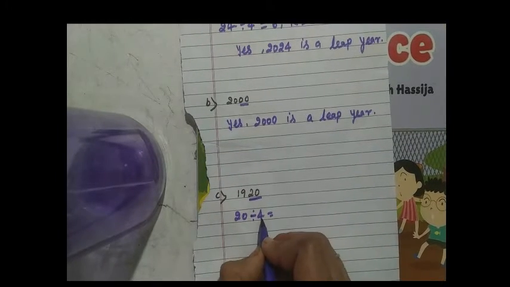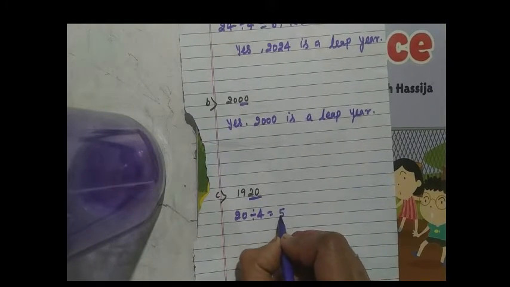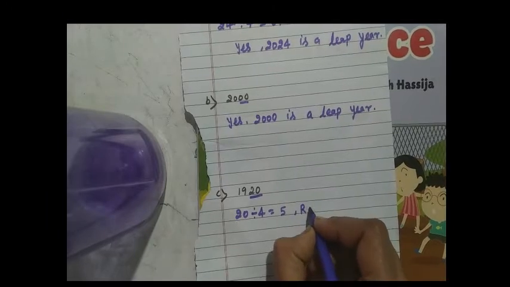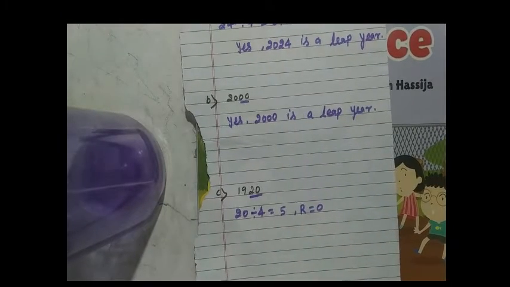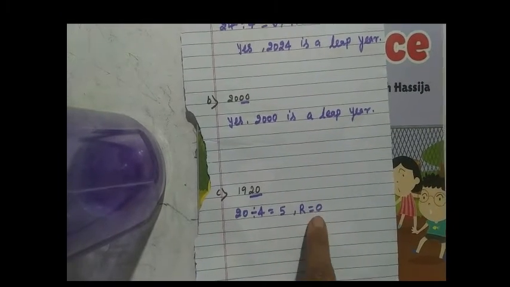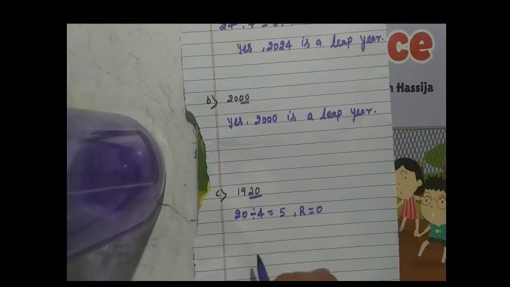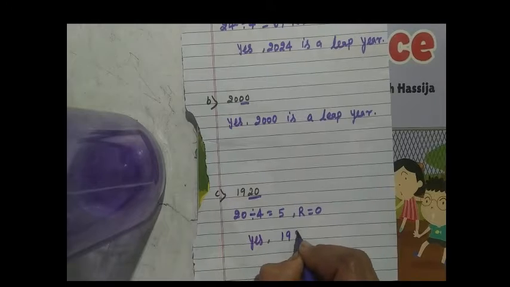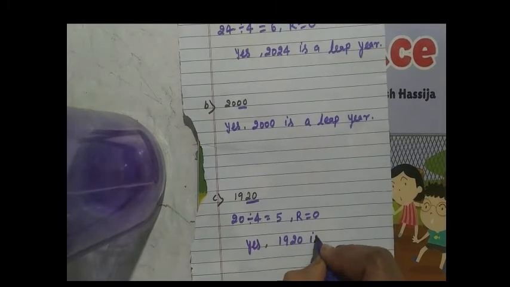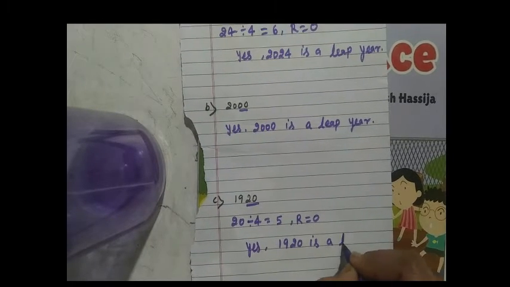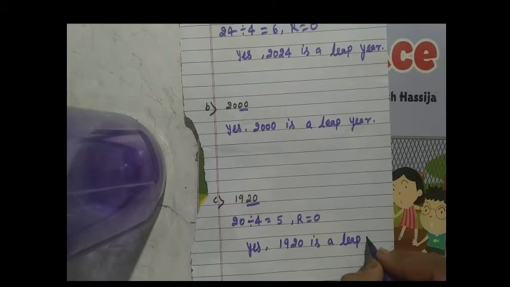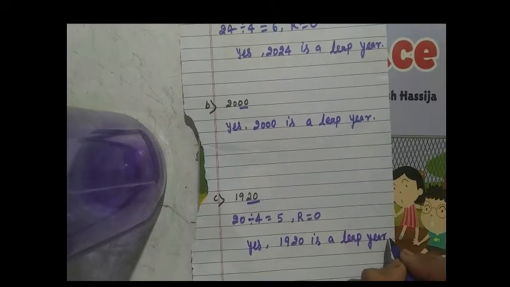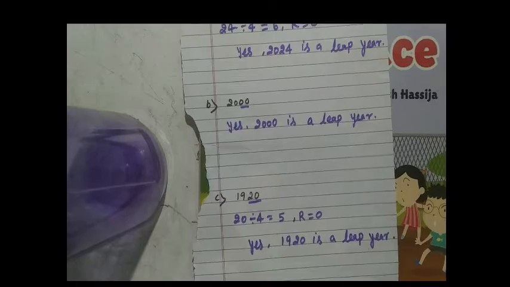Yes, of course, 4 fives are 20, so you are getting answer 5 and remainder 0. In this condition also you are getting remainder 0. So yes, 1920 is a leap year. I hope you are understanding. Yes?